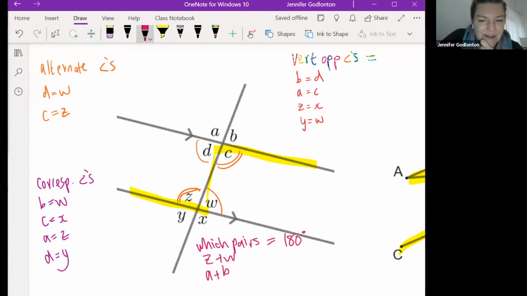Y and Z, yes, good. C and W, absolutely. We haven't learned that rule yet, but 100%. X and Z, we don't know that they would equal 180 degrees. W and X though, yeah, good. D and Z. D and C. So many.